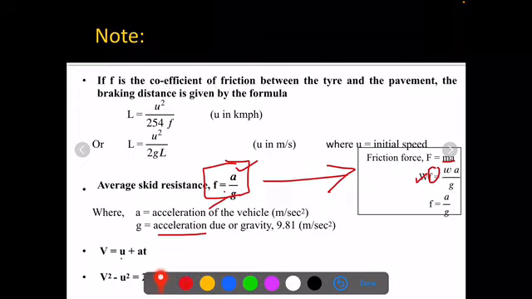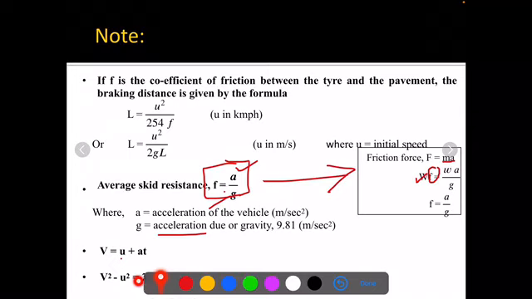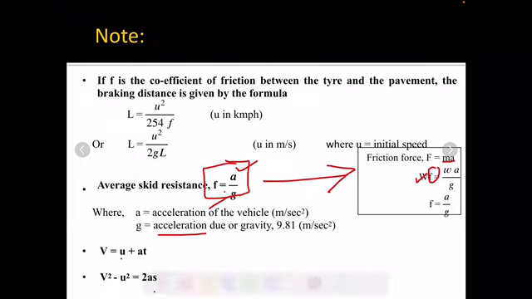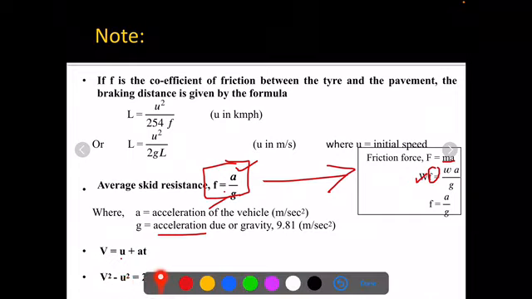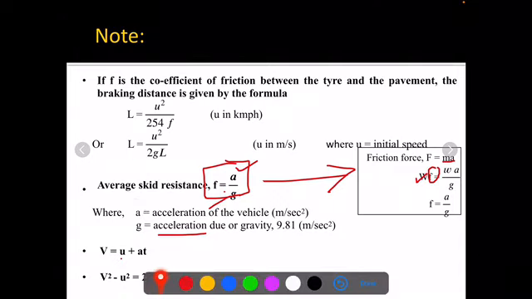We require a few more relationships: v is equal to u plus at, and v square minus u square is equal to 2as. This is a basic relationship between the initial speed, final speed, acceleration and time. Here, u square is equal to 2as, where s is nothing but L, the braking distance.